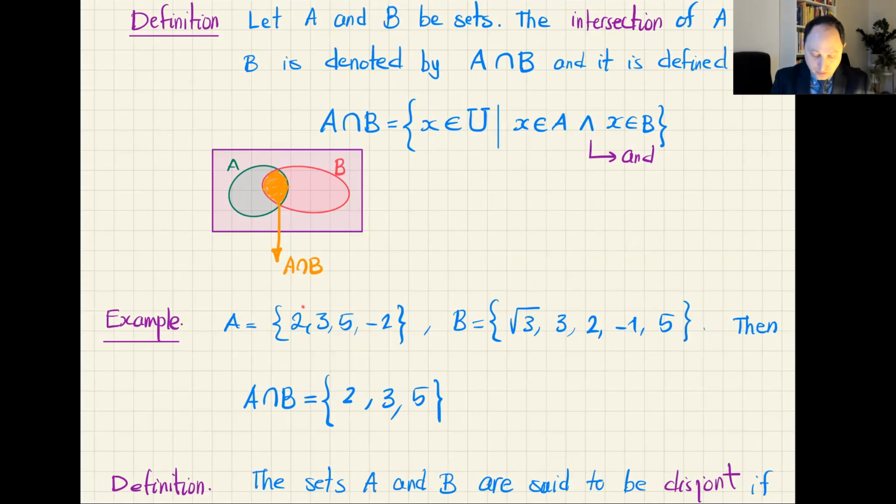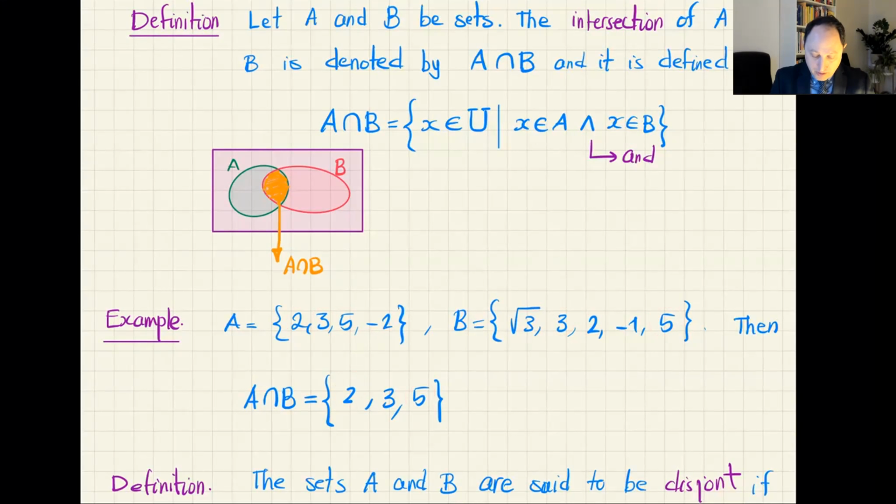So 2 belongs to set A, and I see that it also belongs to set B, so I am allowed to put it here. So 2 belongs to the intersection. The same thing happens for 3. 3 is in both of them. And the same thing happens for 5. So 5 is also here.